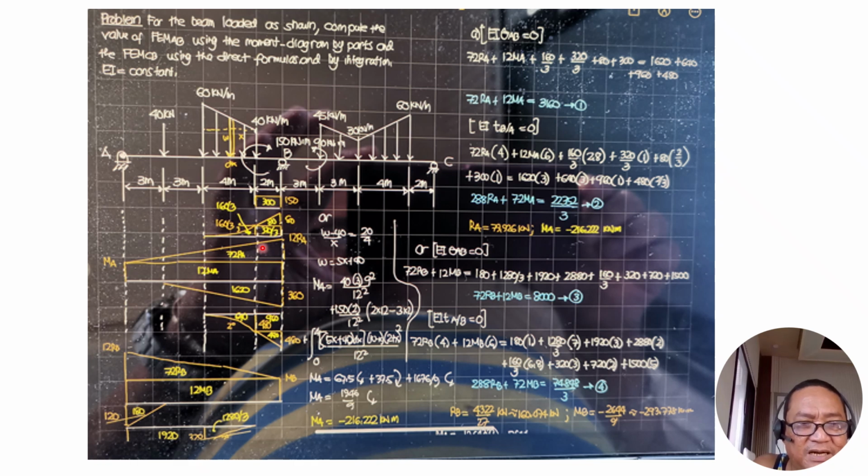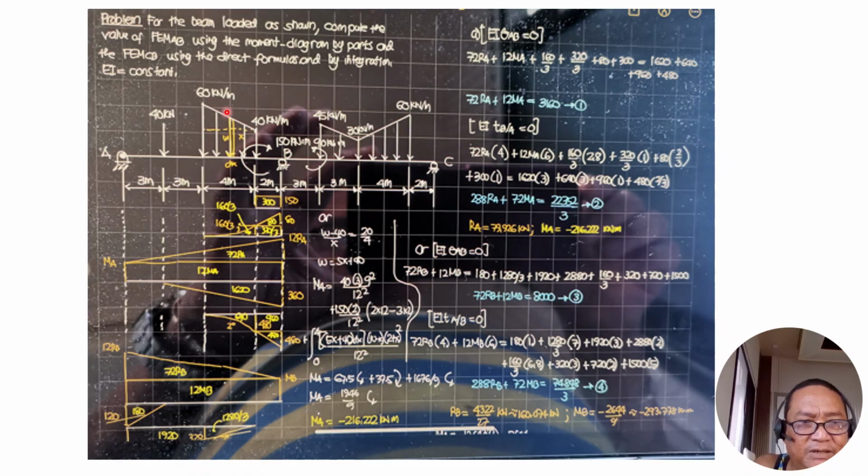So this is the moment diagram due to MA, which is assumed to be positive, and due to the reaction at A, so 12 times RA. This loading, which is originally trapezoidal, is to be converted into a rectangular 60 kilonewton per meter, then less an upward triangular 20 kilonewton per meter.